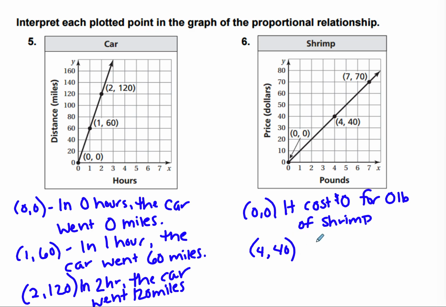Then 4, $40. It costs $40 for 4 pounds of shrimp.